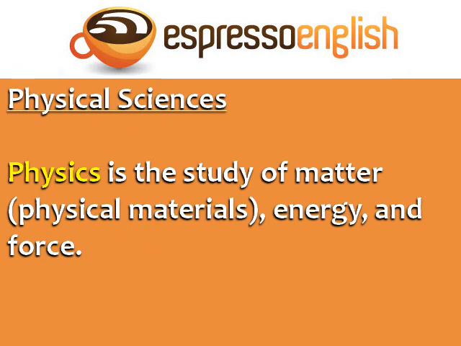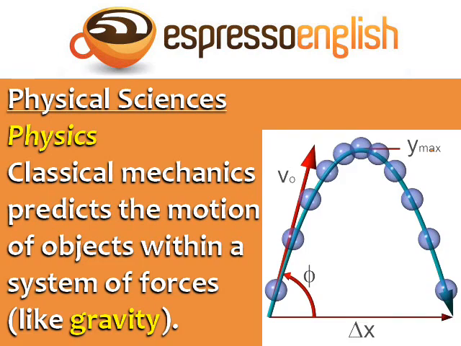Physical sciences. Physics is the study of matter, physical materials, energy, and force. Classical mechanics, for example, predicts the motion of physical objects within a system of forces, such as the Earth's gravity.